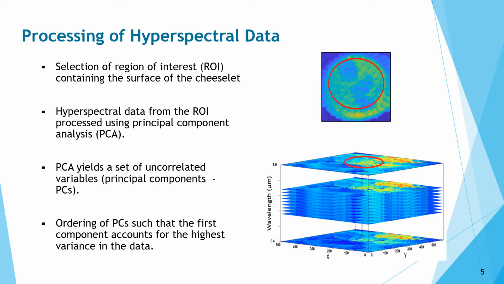The resulting principal components are ordered based on the variance they explain in the original hyperspectral data. So we started with the original hyperspectral images, extracted the pixels of interest, and applied PCA to the spectrum for each pixel location. After that we obtained the uncorrelated principal components, ordered based on the variance they explained in the original data.